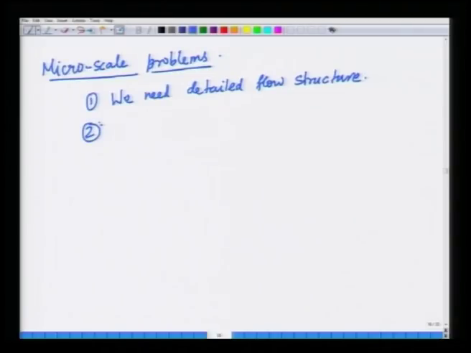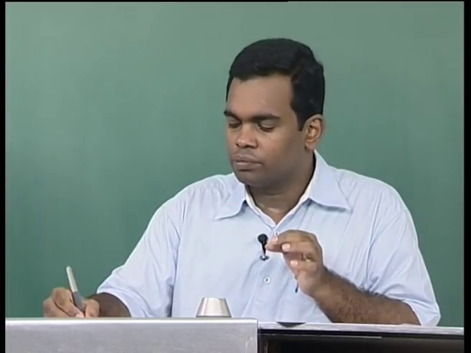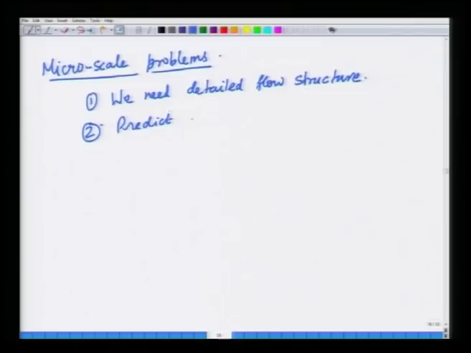If we have the detailed flow structure, this is the best possible information we can obtain for a given system, and from that we can predict many fluid mechanical quantities, or many quantities of fluid mechanical interest. But the caveat is that this is difficult.